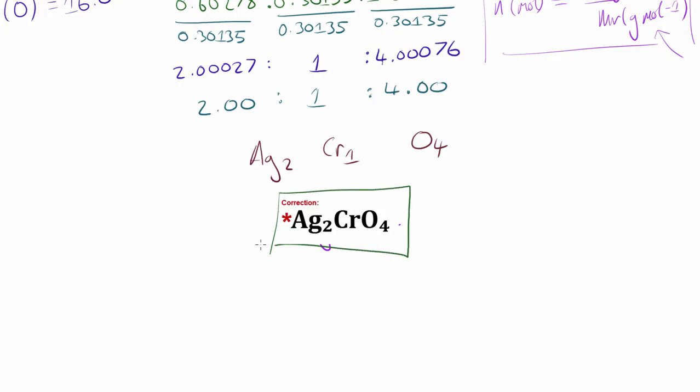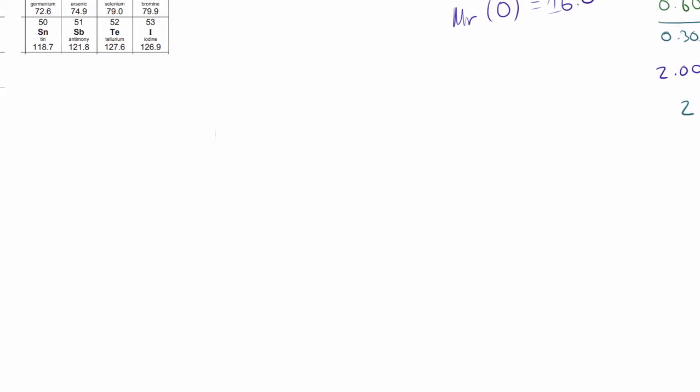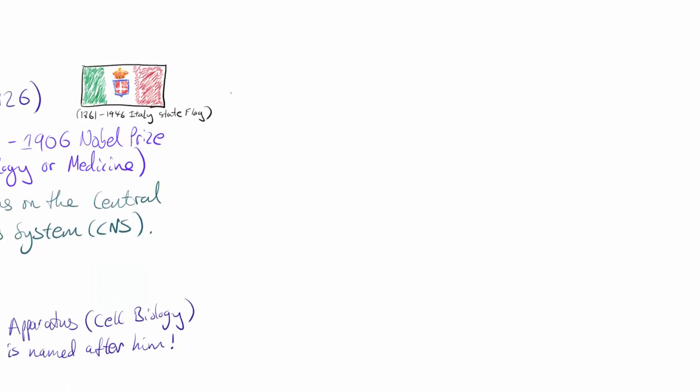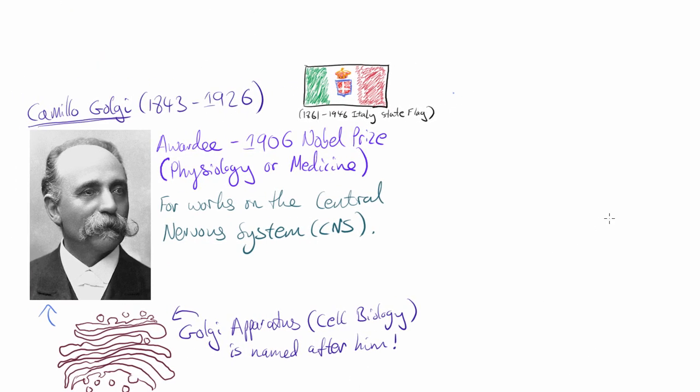Now, this particular formula has some quite interesting things about it, I would say. This formula is actually the formula for silver chromate, right? So silver chromate. And what I've got here is a bit of a, let's look over here. Silver chromate.